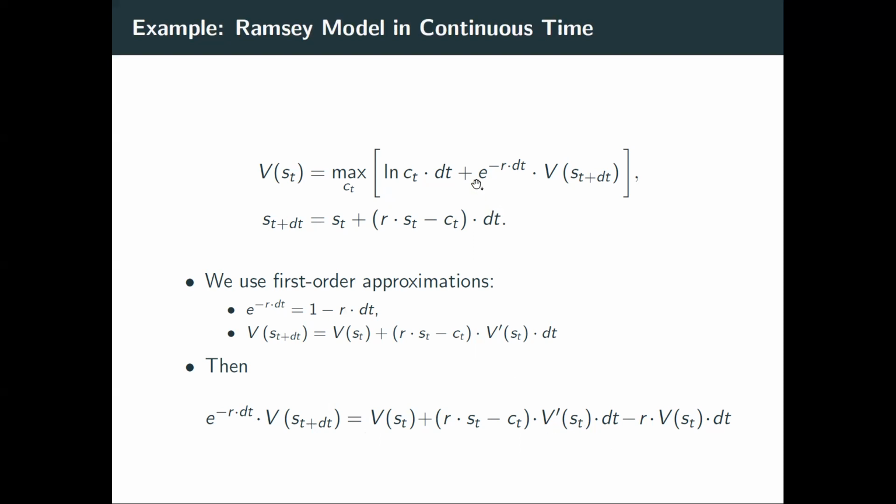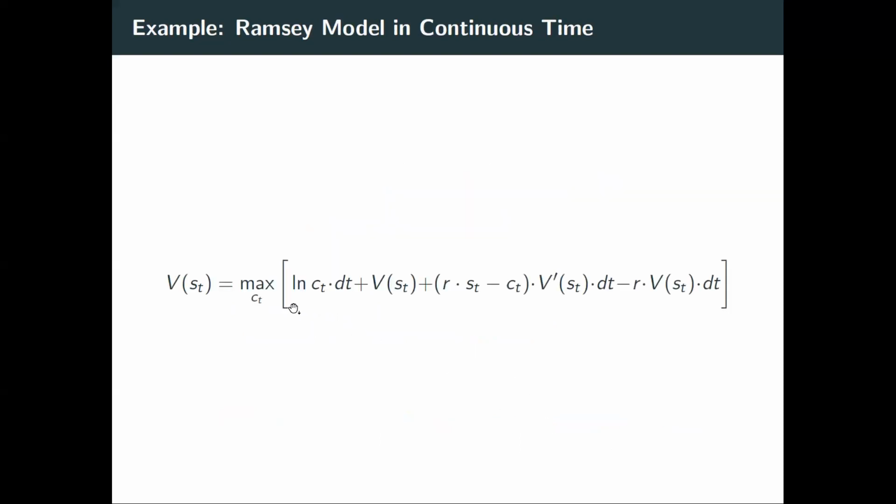And let us substitute into here. So here is exactly this expression. And what do you see here? Something that always happens, and with that you can always check that you're on the right path, is that v of st has to cancel out. The terms of order 0 in dt, exactly this value function, in the left-hand side and in the right-hand side have to cancel out.